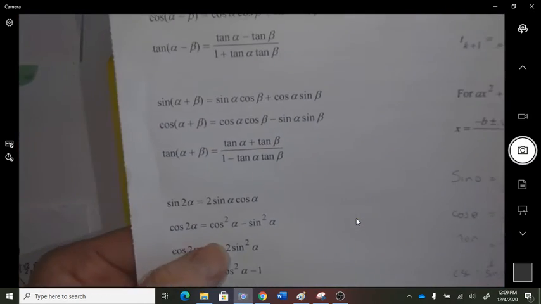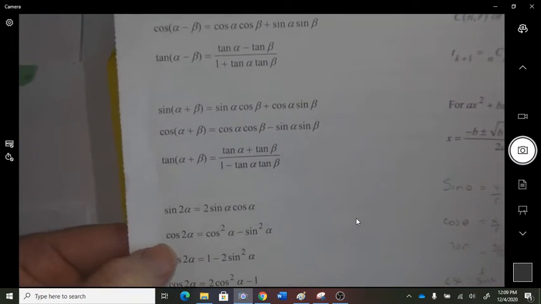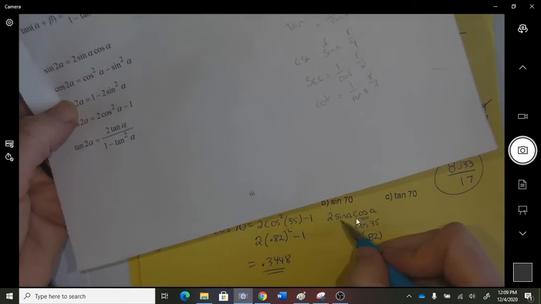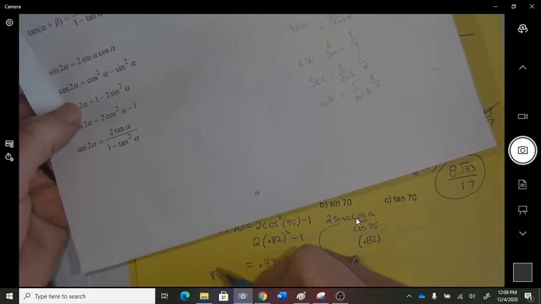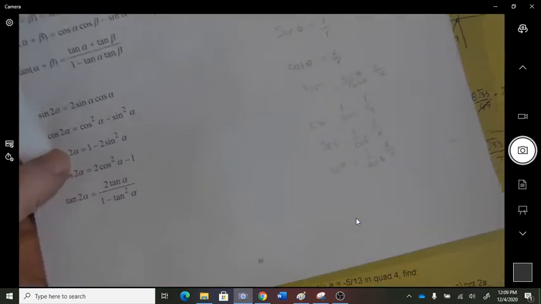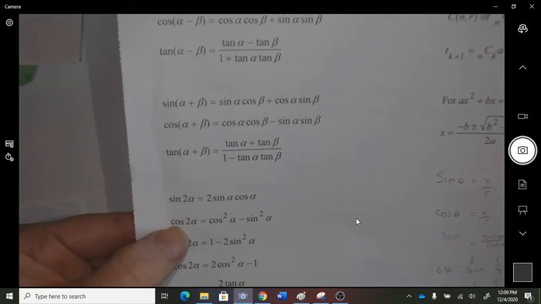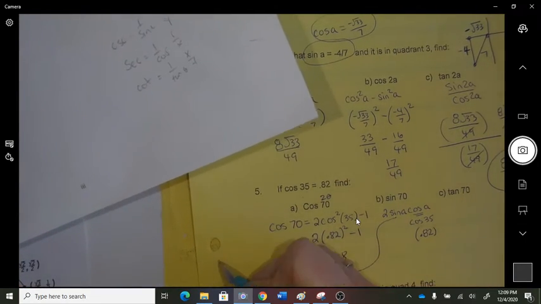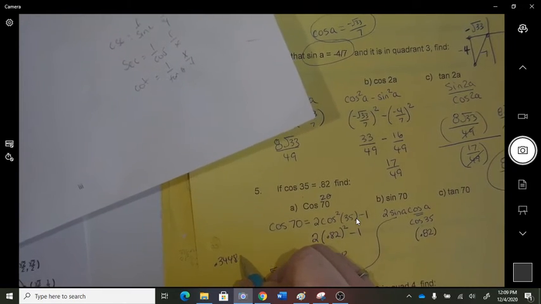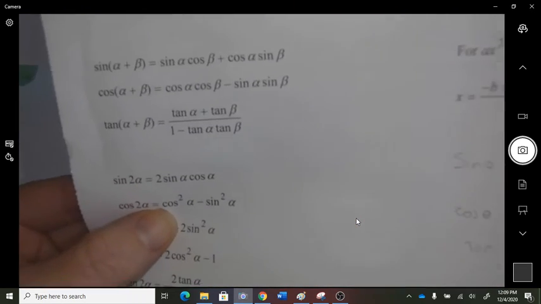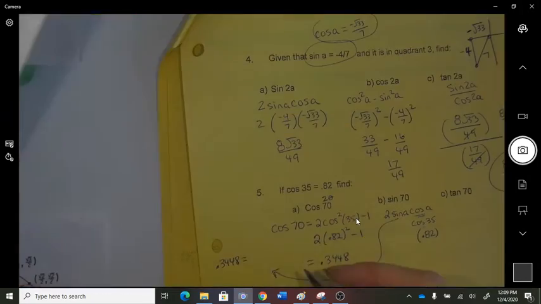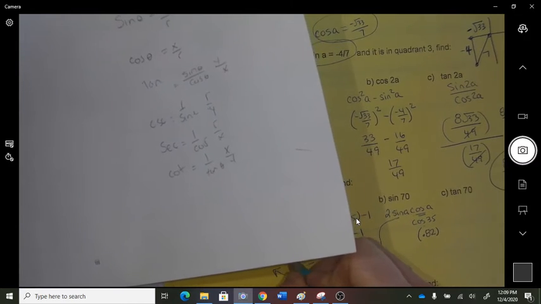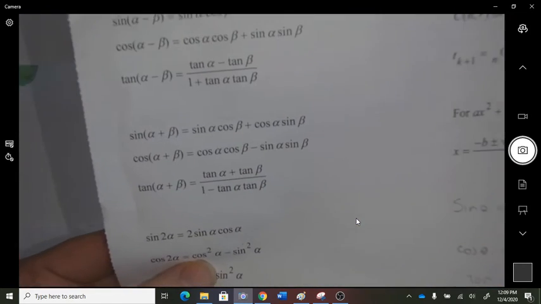So I'm going to go to one of these two formulas here and figure it out. Okay, so cos 2A, so that was 0.3448, equals the cos A squared, 0.82 squared, minus sine A squared.